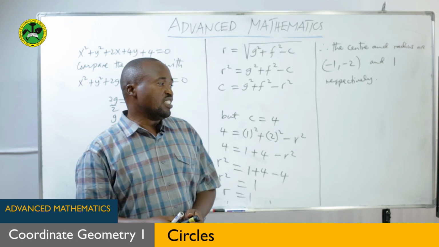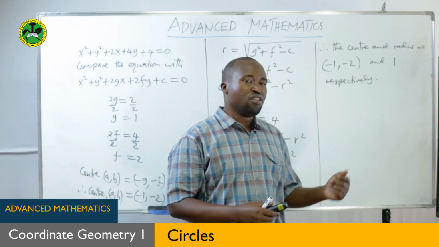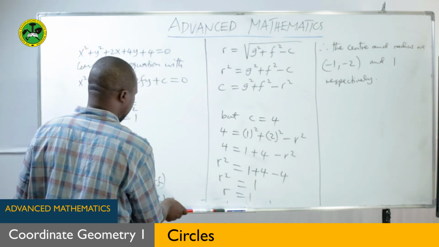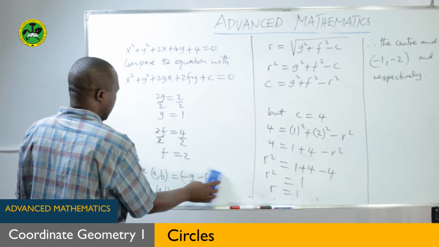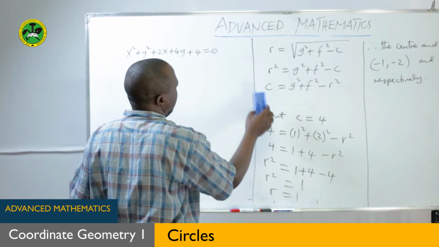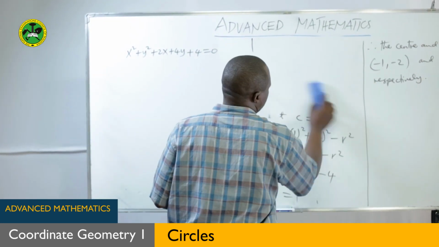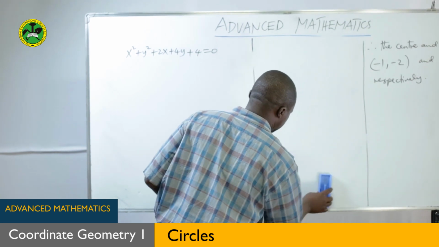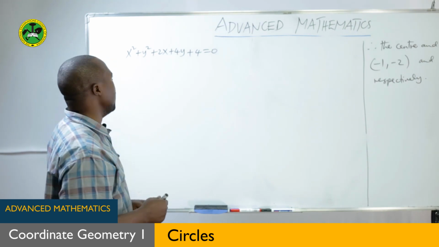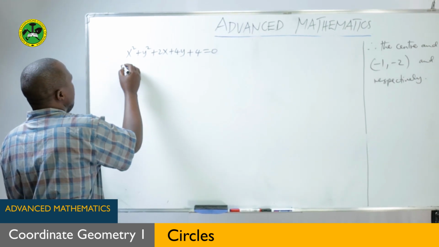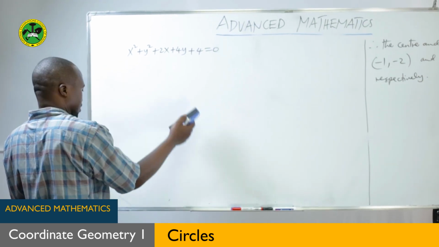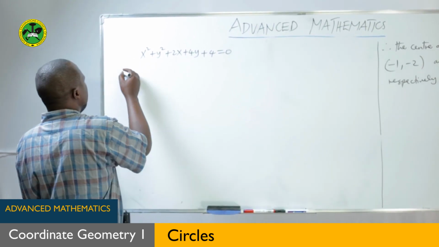But again, my dear student, it is possible to use another alternative way. So here let us have an alternative way of finding the center and the radius of that equation, that is by completing the square.